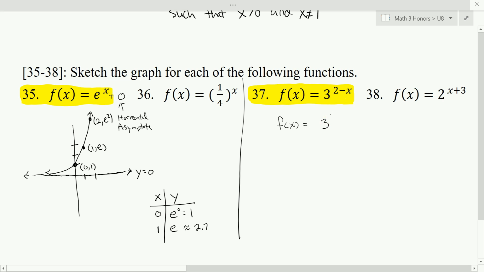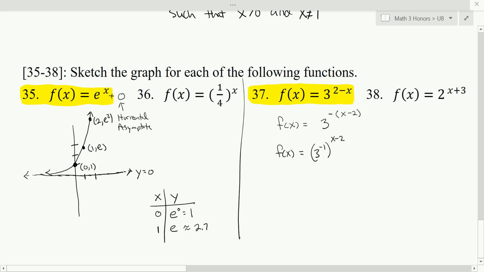So if I factor out that negative, I'm left with x minus 2. Right? Which is a form we're more used to seeing. And that negative, I'm going to make belong more to the 3 than to the exponent. So I'm going to separate them. Make this 3 to the negative 1, and then put the exponent as x minus 2.